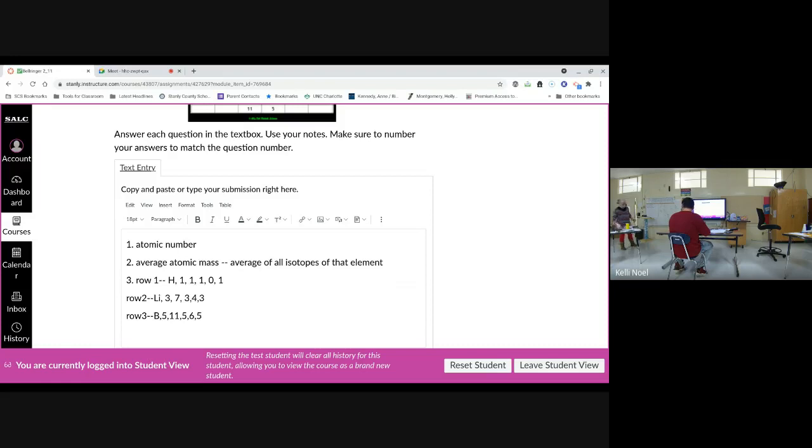On your little piece of paper I gave you, you may want to write on it what I put up here on the board. This was just from the notes yesterday, so you can always look back in your notes. But if you will add level number 1, 2 electrons, number 2, 8 electrons, number 3, 8 electrons.